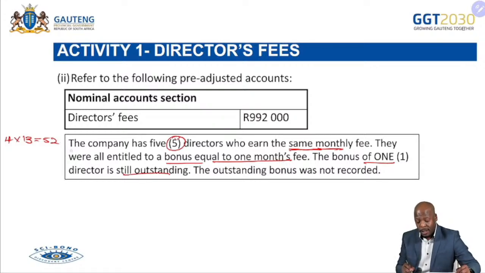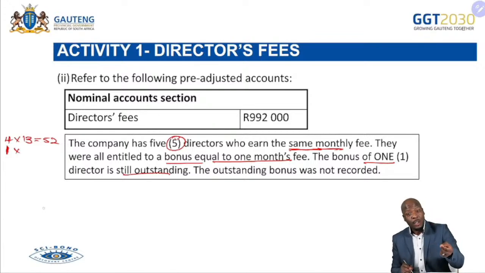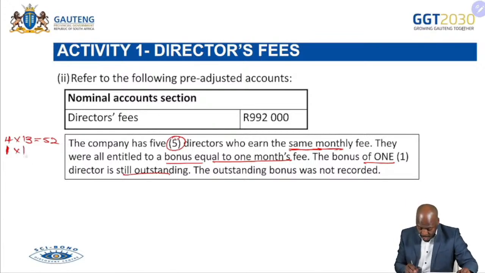Now, the 5th director, one guy here, has not received for the 13 months. He has only received for 12 months. His bonus is still outstanding. That means I'm going to have 12 here. So it's going to be 1 by 12, which is going to give me exactly 12. So the amount of months that I have paid for will be 52 plus 12.